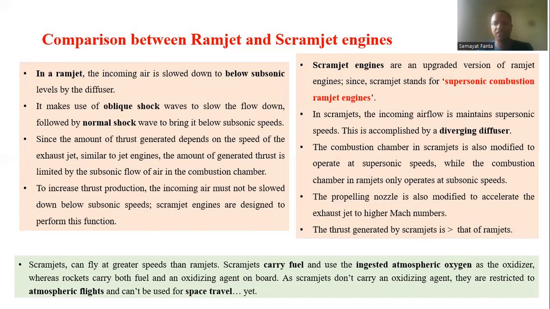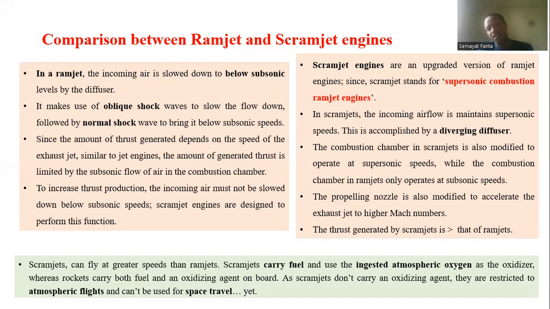Scramjets carry fuel and use ingested atmospheric oxygen as oxidizer, whereas, here I am making a comparison of rocket with scramjet, in the case of a rocket, we carry both fuel and oxidizer together on board. As a scramjet doesn't carry an oxidizing agent, it is restricted to atmospheric flights only.